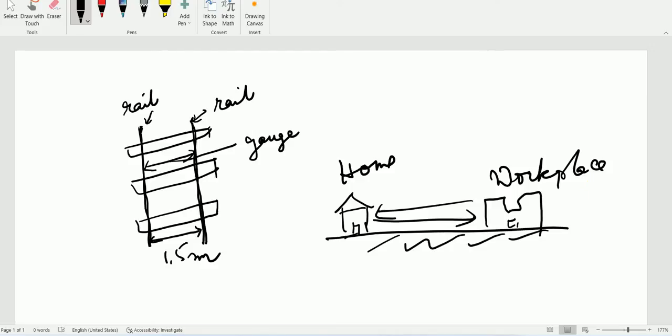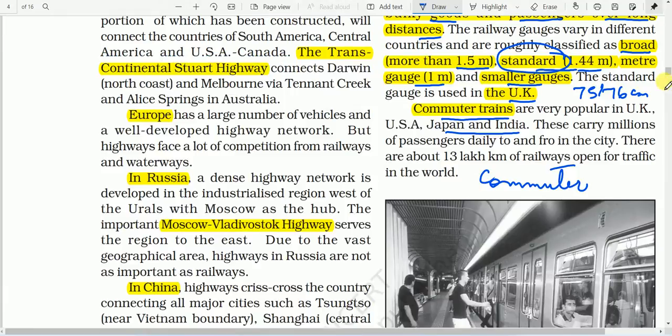You may be traveling either by train or by bus or by another means of transport. Such type of movement of people from one place to another within a day is known as commutation. And the one who is moving is known as commuter. So commuter train is merely for the passengers, those who are going to and fro every day.